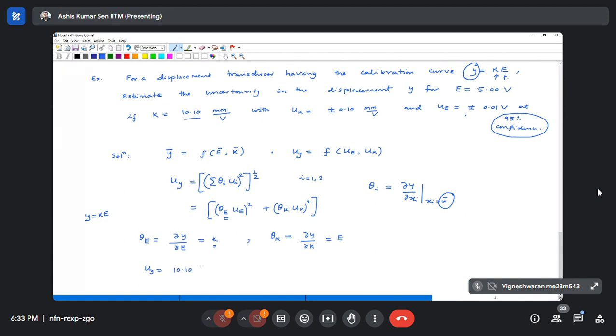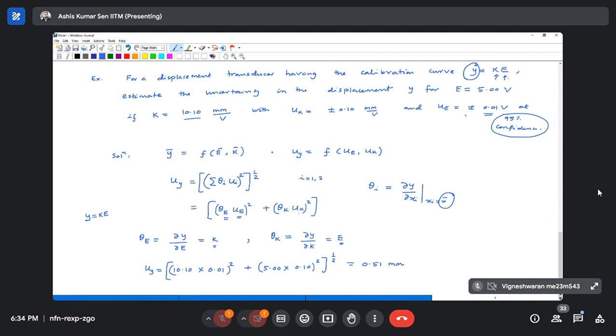So that is 10.10 into u E, the uncertainty in E, plus minus 0.01, squared, plus theta k, the nominal value of E, which is 5.00, into the uncertainty in k, 0.10, squared, and the whole thing under a square root. If I just do the calculation, I get this as 5.51 mm.